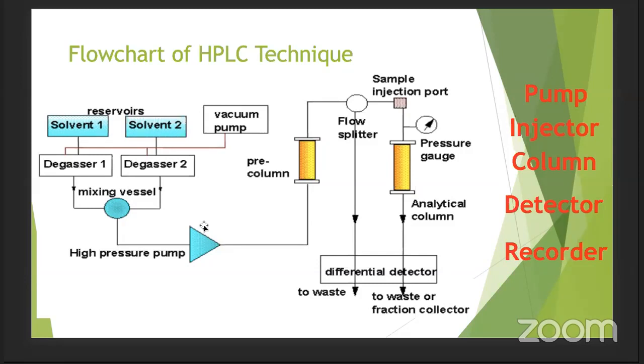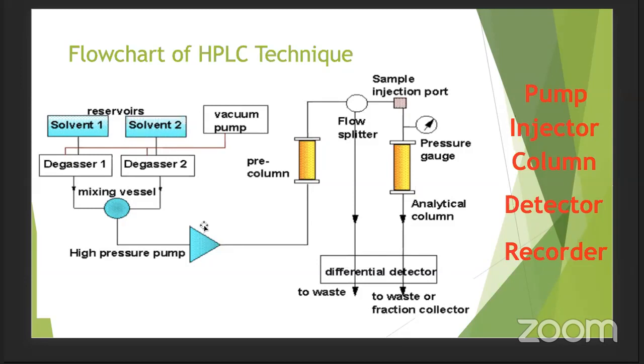Now, there are basically two types of pumps that are used in HPLC. One is the constant pressure pump, which will provide a constant pressure. And the other one is the constant flow rate pump that provides a constant flow rate.